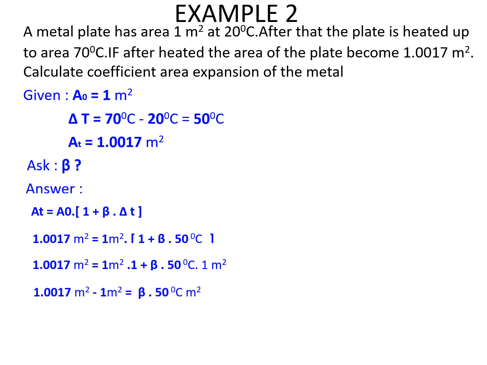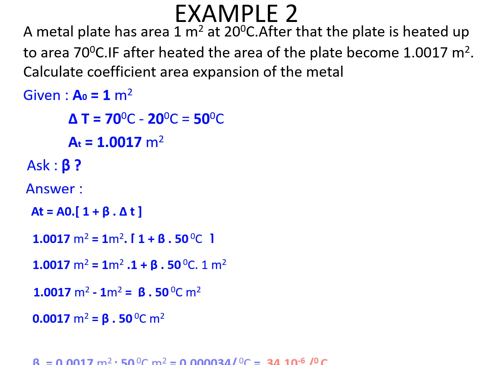So we can get that 1.0017 meters square minus 1 meter square equals beta times 50 degrees Celsius meter square. So 0.0017 meters square equals beta times 50 degrees Celsius meter square.